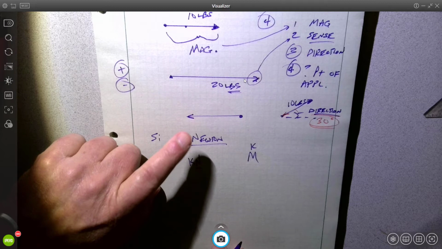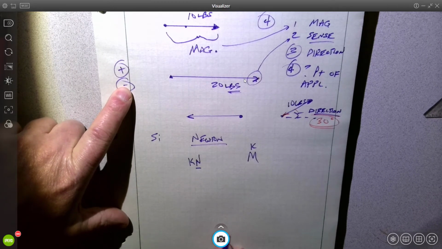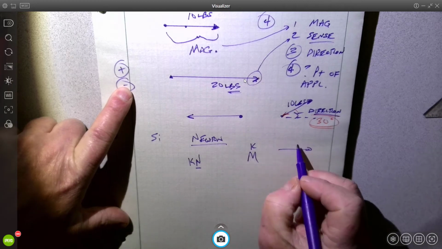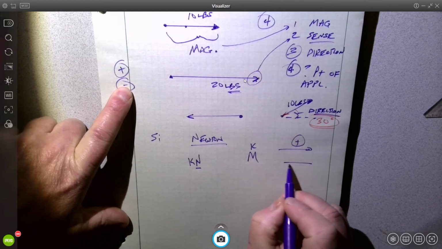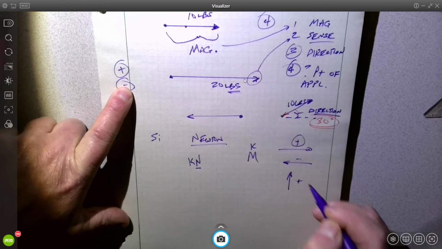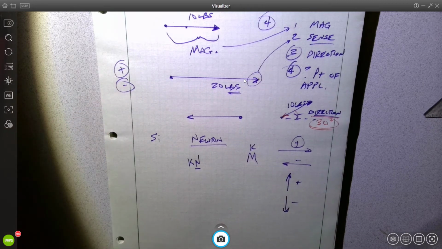But for forces, the sign of a force, whether it's plus or minus, is whether it is heading in the positive right direction or the negative left direction, or the positive up direction or the negative down direction. Okay? That's when they are plus or minus.